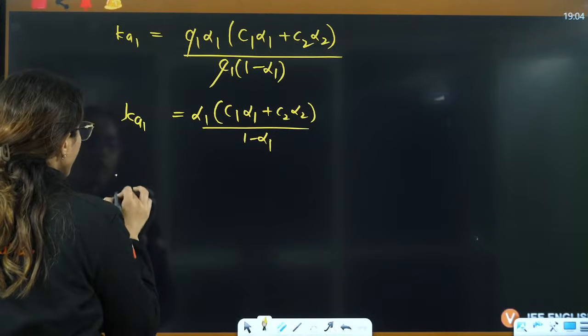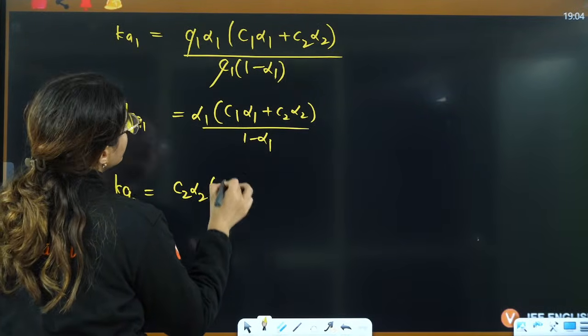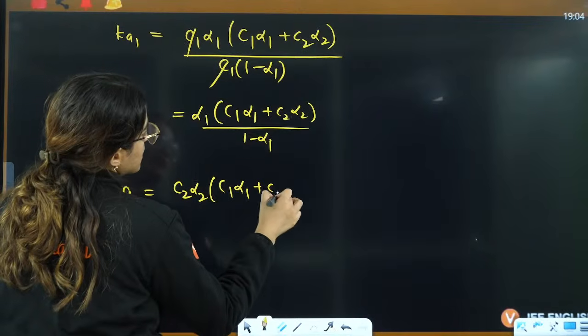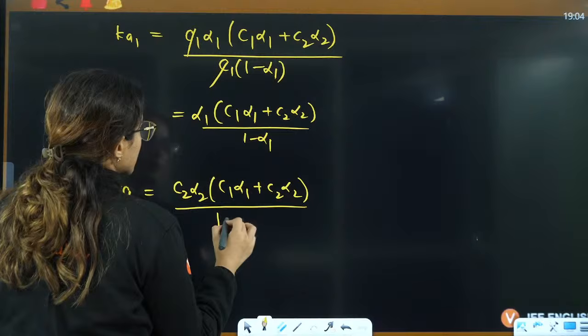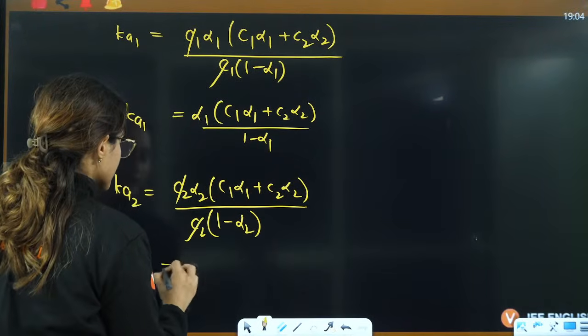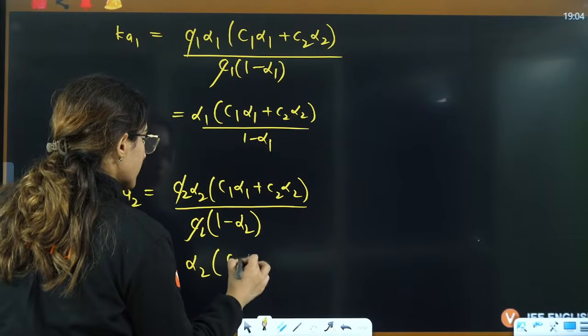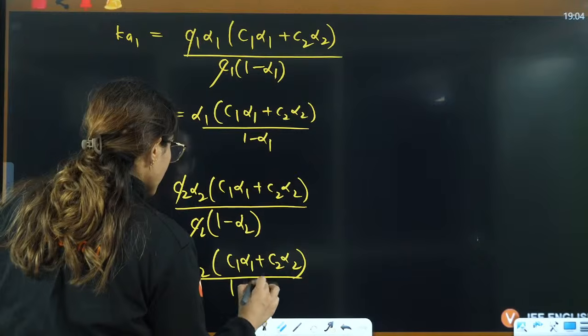Similarly, the value of Ka2 is going to be C2 alpha 2 multiplied by C1 alpha 1 plus C2 alpha 2, divided by 1 minus alpha 2. C2 will be cancelled. This will become alpha 2 times C1 alpha 1 plus C2 alpha 2, divided by 1 minus alpha 2.